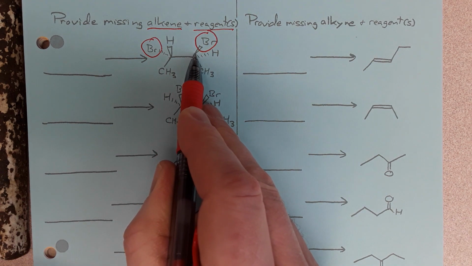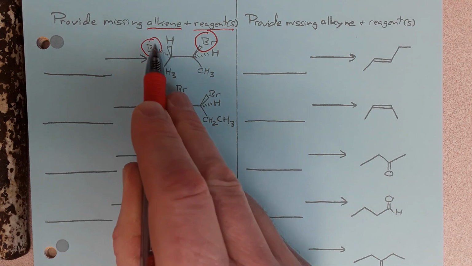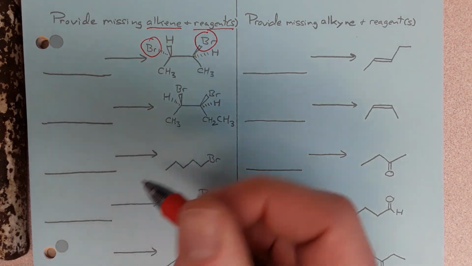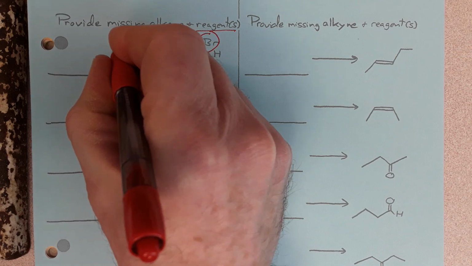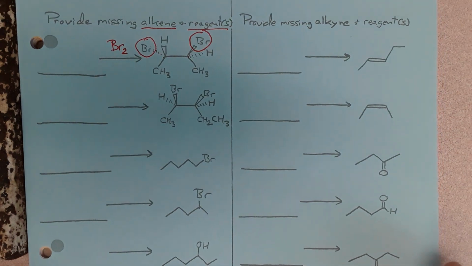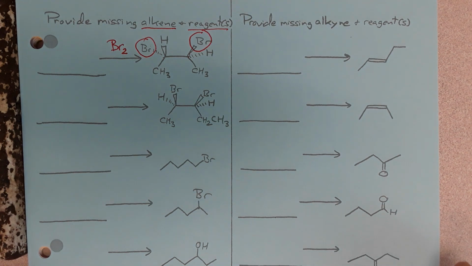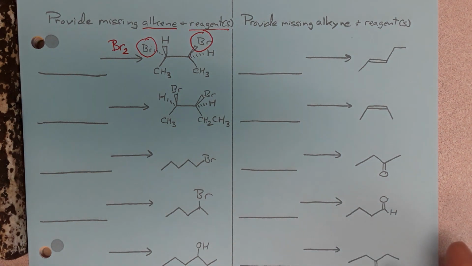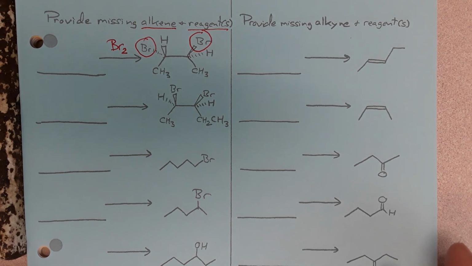And if we're starting out with an alkene, then these bromines are what we have added to it, and so you automatically know that you're adding Br2.